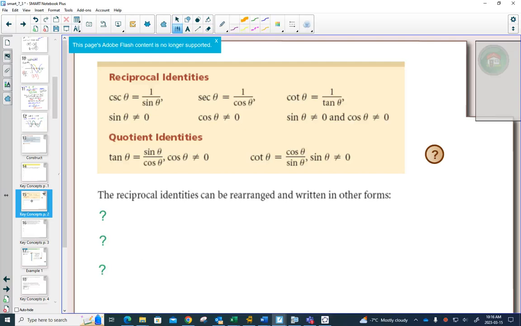Beside these ones, I would like you to also write that you can flip them this way. That sine theta is 1 over cosecant theta, that cos of theta is 1 over secant theta, and that tan of theta is 1 over cotangent of theta. If one is a reciprocal of the other, then you can write it both ways.